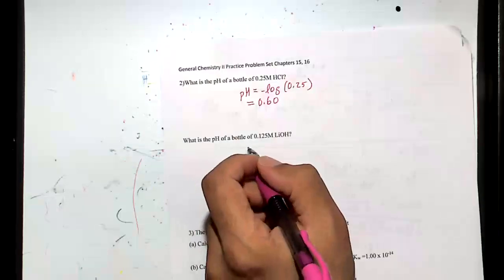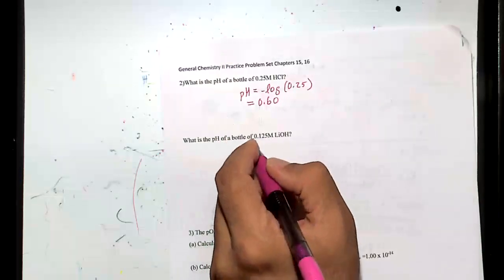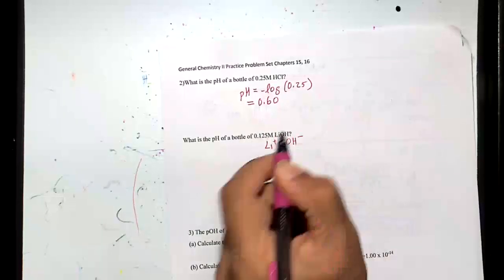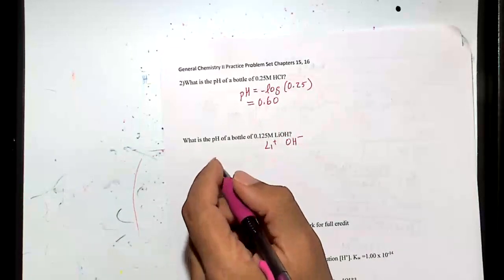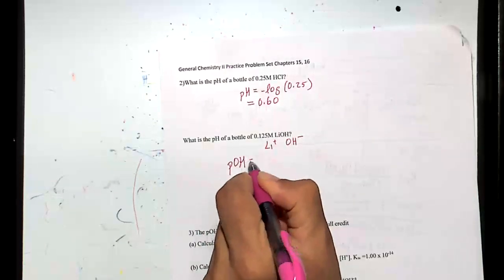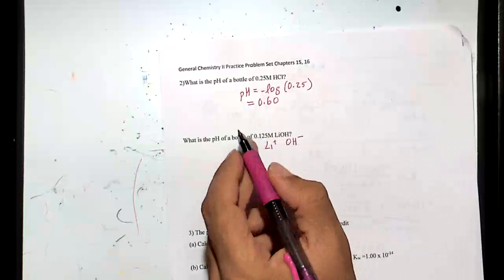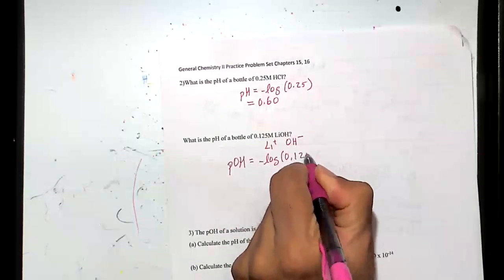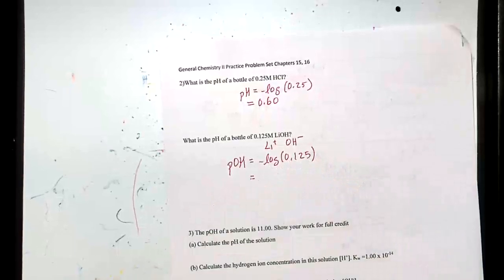How about this? Lithium hydroxide. Can I plug it in straight to the pH? Instead of calculating the pH first, what should we calculate? And is this a weak base or a strong base? So we'll plug that in here.